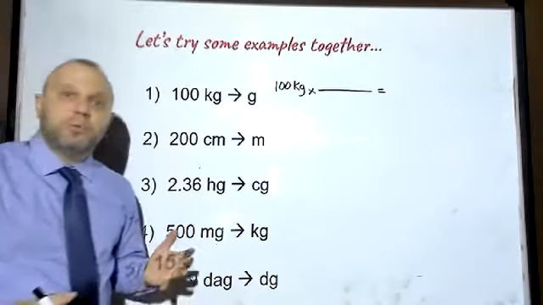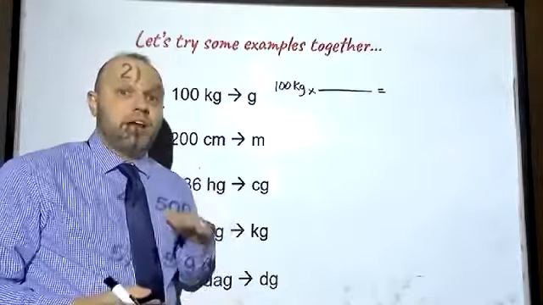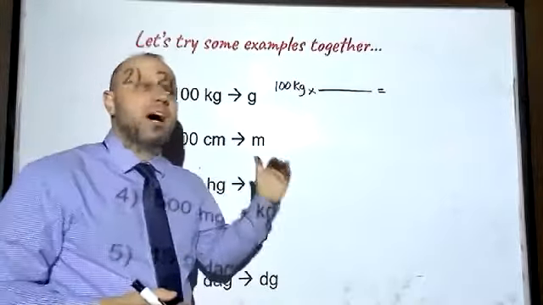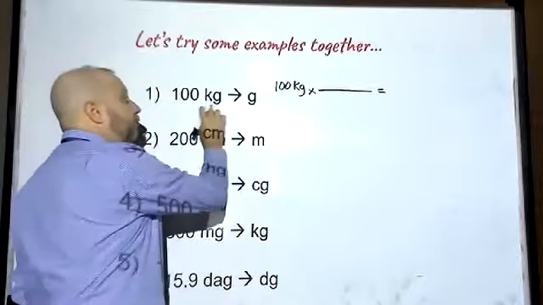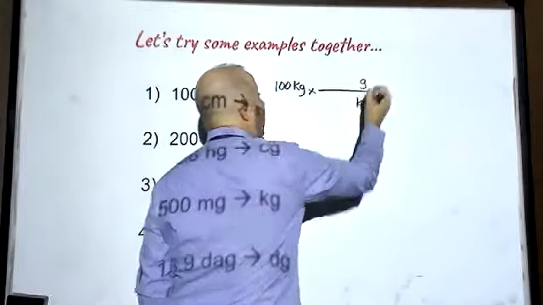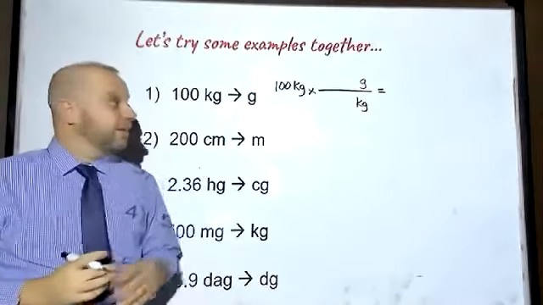Very similar to the English units, we're going to put the unit that we want to get rid of on the bottom, so it cancels out, and the unit that we want to end up with on top. So in this case, we want to get rid of kilograms, so kilograms goes on the bottom. We want to end up with grams, so grams will go on top.